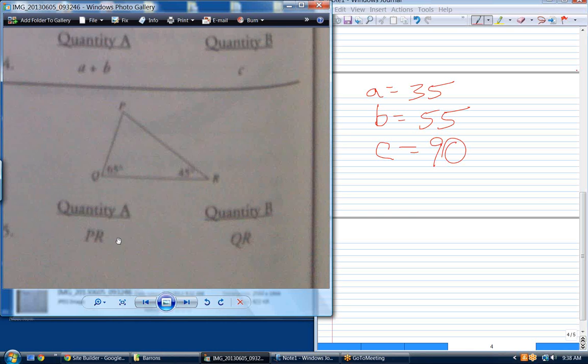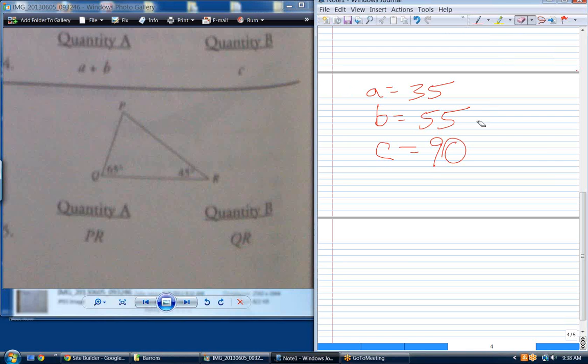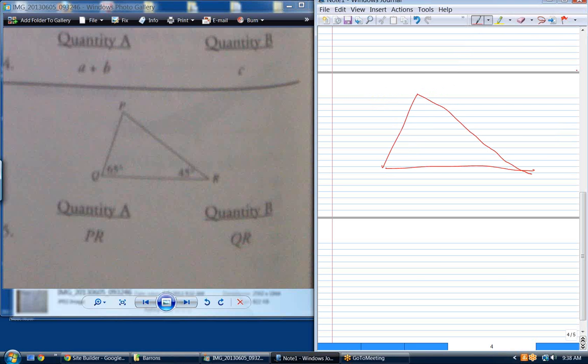Quantity: PR or QR? Okay, well, let's see. PR would be greater than QR, because that's 70 and the other is 65.